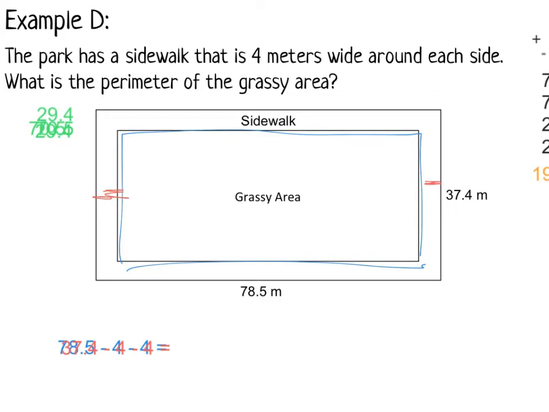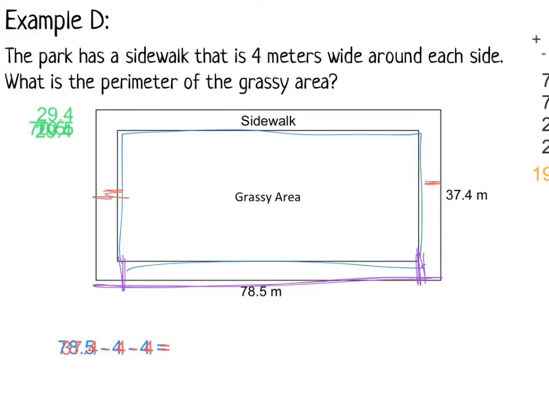Well, good news. I know that one measurement along the bottom is 78.5. So that 78.5 goes all the way across. But I only want to cover up to here for the grassy area. So I know the sidewalk is on each side, and the sidewalk is 4 meters.